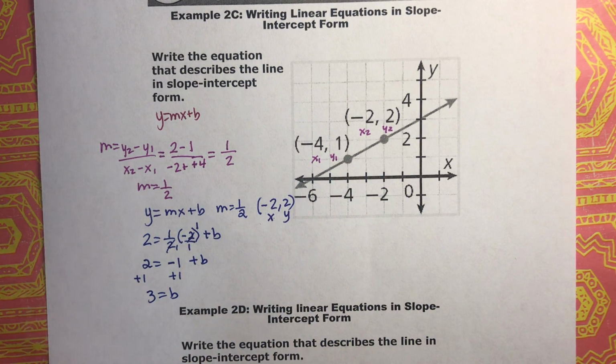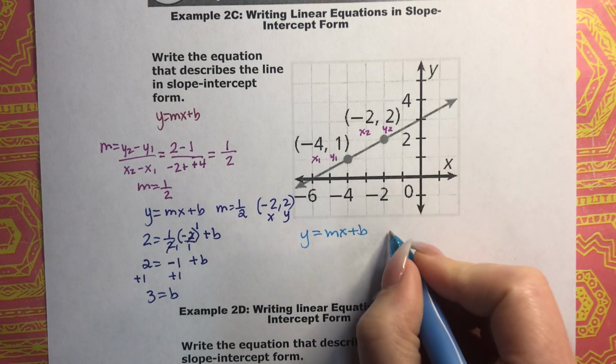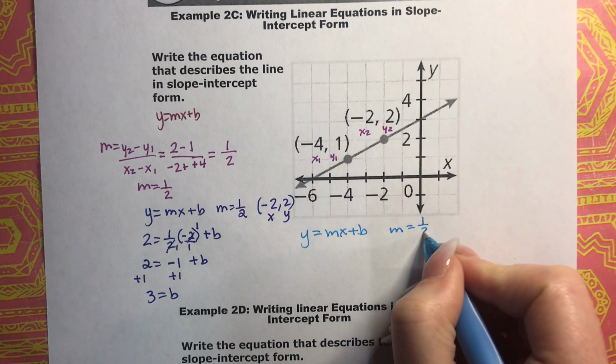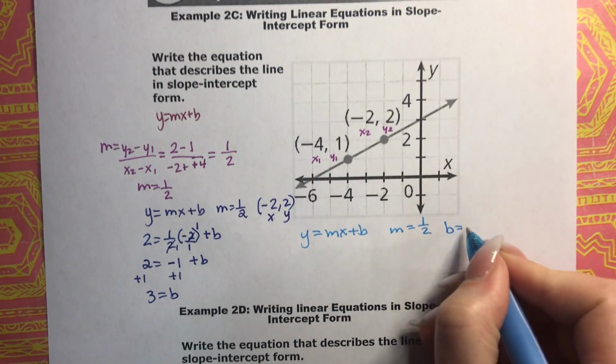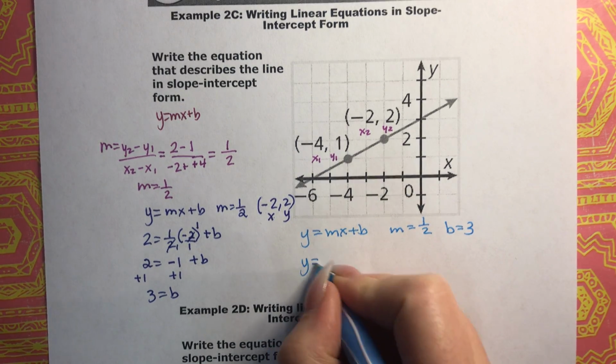And so now I'm ready to write my equation, okay? So y equals mx plus b, my slope is equal to 1/2, and my y-intercept is 3. And so I just go ahead and substitute those into the equation.